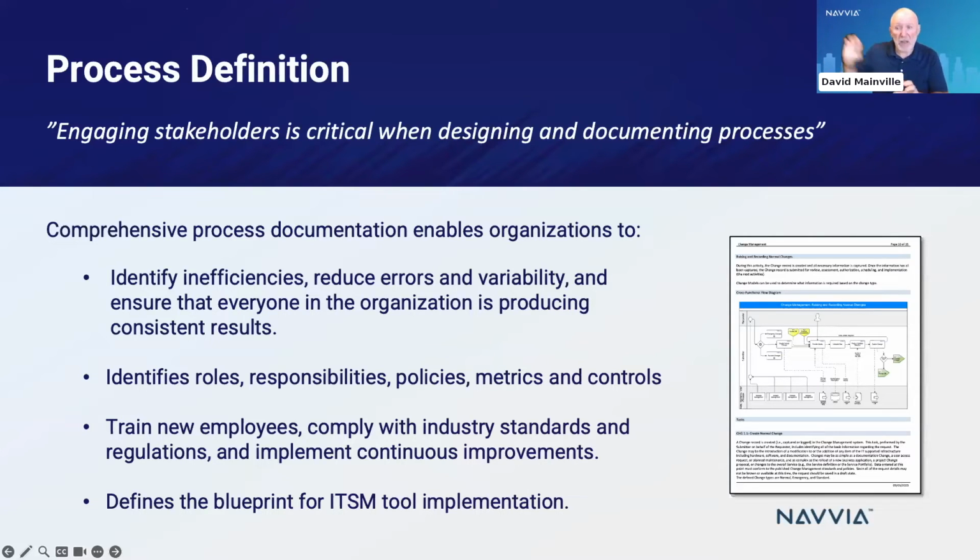So you've gone out and done your assessment and you find out that the network group and the server team have two different change processes with different criteria for determining how a change is implemented, categorized and approved. That's not good, right? Or some parts of the organization follow the process and some parts don't. A tool isn't going to change that for you until you go out and understand what the processes are and get everybody on the same page.